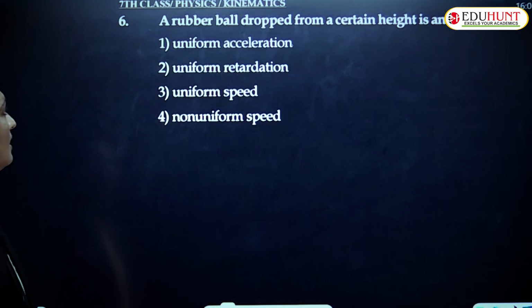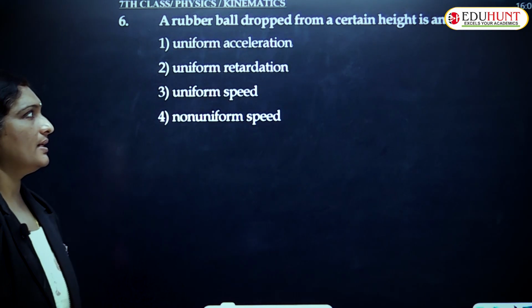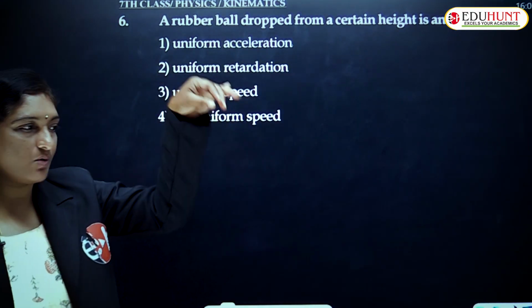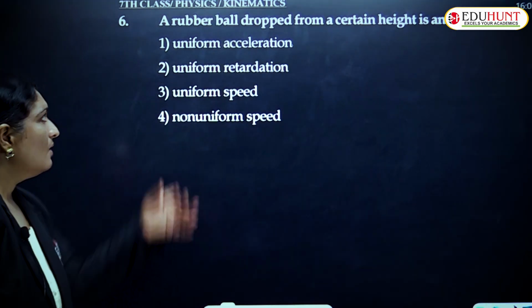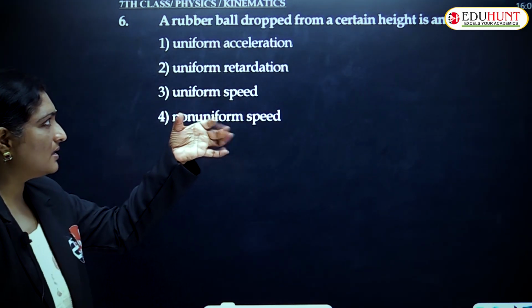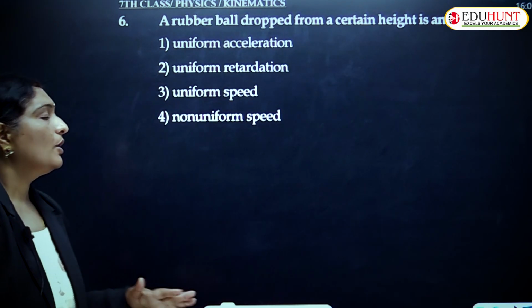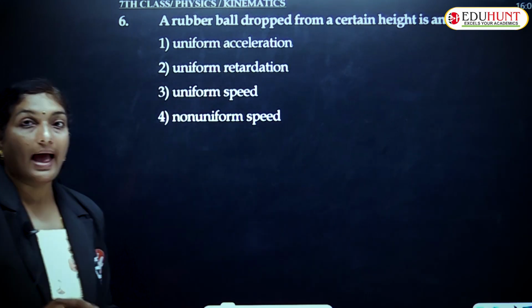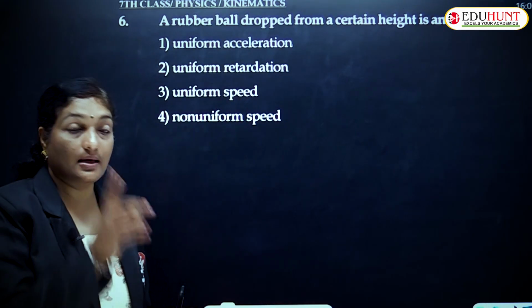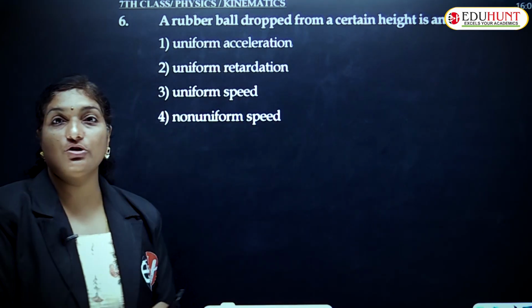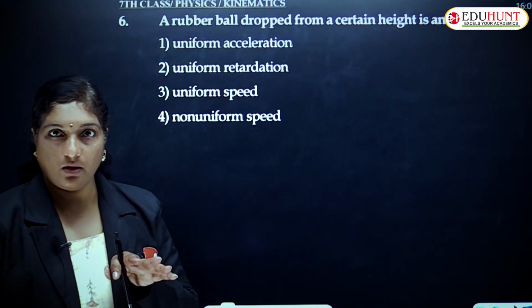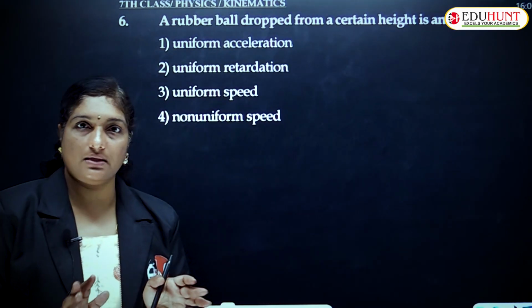Moving ahead, a rubber ball dropped from a certain height. Earlier I told you an example of a ball thrown upwards. Now, the ball is dropped downwards. Whenever the rubber ball is dropped from a certain height, it is an example of uniform acceleration. Children, remember that the acceleration due to gravity at the center of the earth is 0, and on the surface of the earth it is maximum.